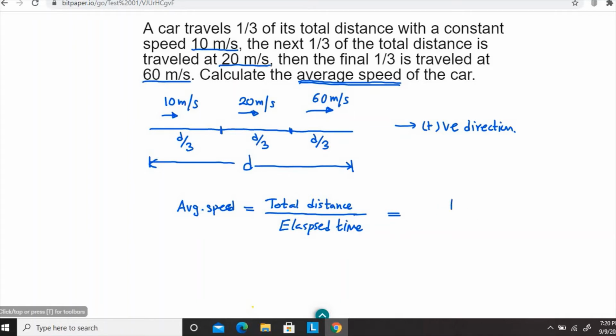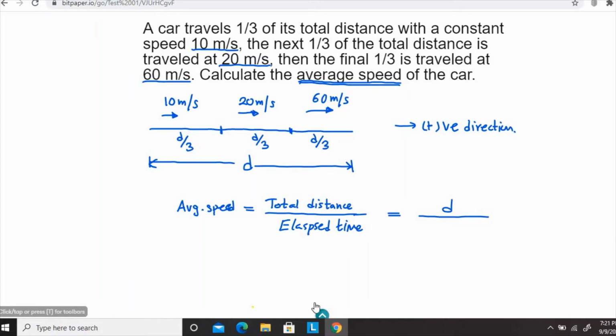It's d. d is the total distance. Now, how are we going to find the elapsed time? Since the constant speed is different for each one-third, we have to figure it out individually for a given segment.